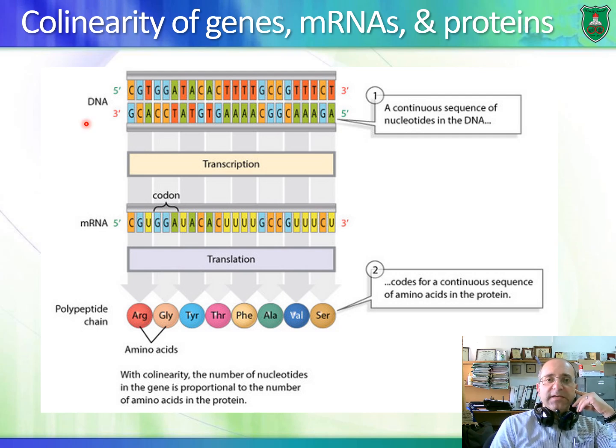The idea is that if you have a DNA, you would have a replica of this DNA transcribed into messenger RNA. And the order of nucleotides in DNA resembles the order of nucleotides in the messenger RNA. And then you have this order that is translated into proteins, although they're different. Here we're talking about nucleotides versus amino acids.